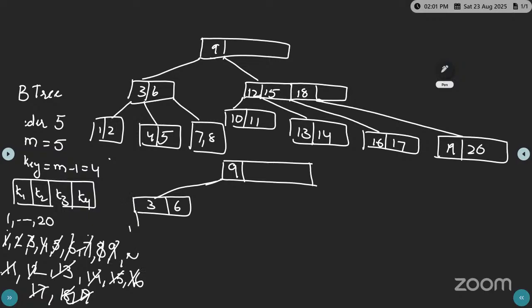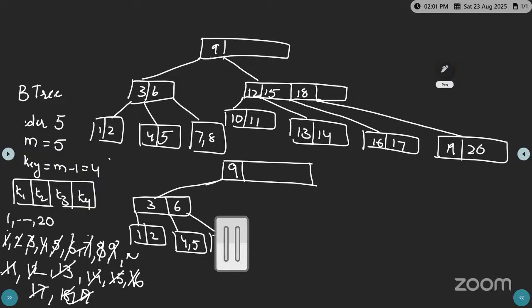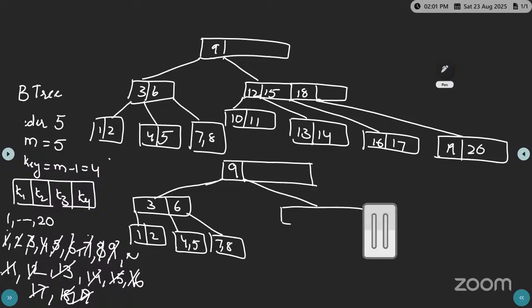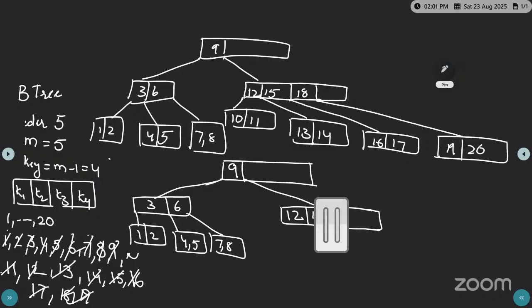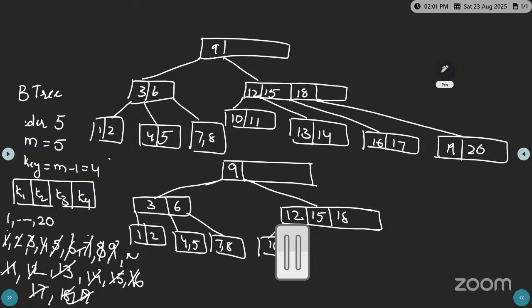Next level: 1 and 2, 4 and 5, 7 and 8. Then 12, 15, 18, and 12 left, 10 and 11, 12 right, 13 and 14.